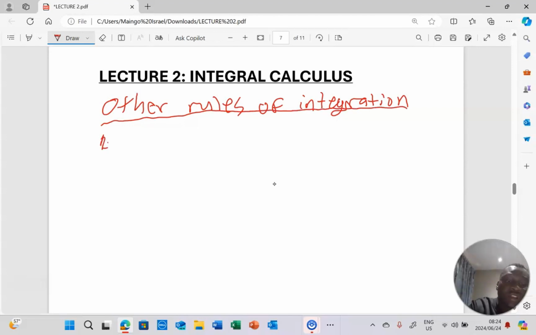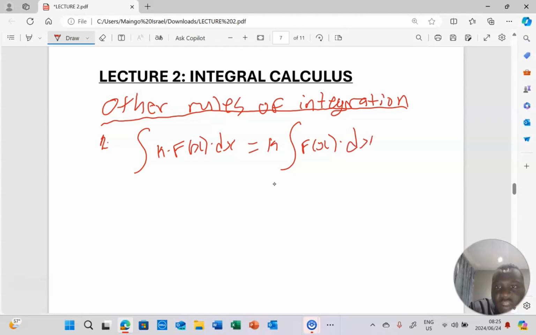One is a simple thing. The integral of a constant k or c, whatsoever, times f of x dx, we are allowed to take this constant outside of the integral sign, and we just integrate f of x.